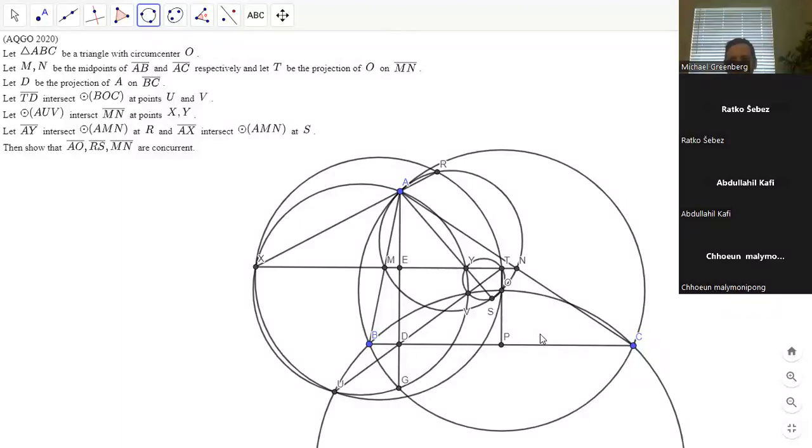Now VYO is VYS plus SYO. And VYO. Let's think about that angle.